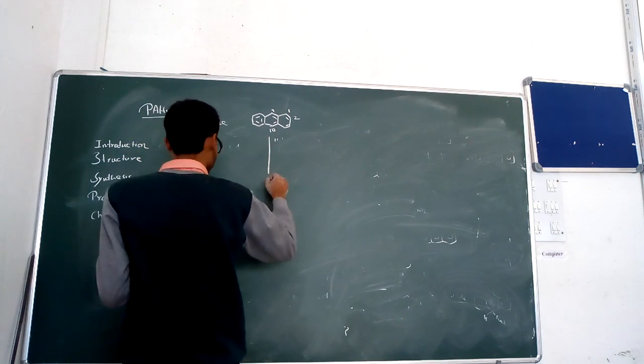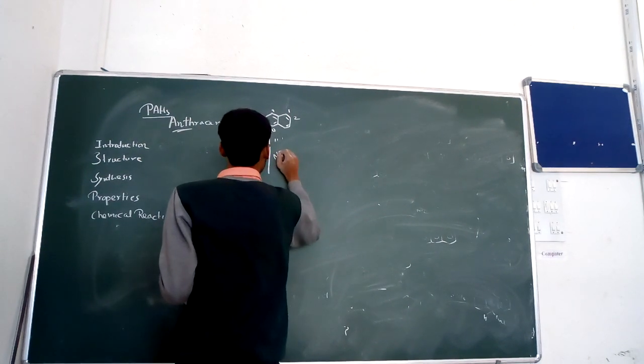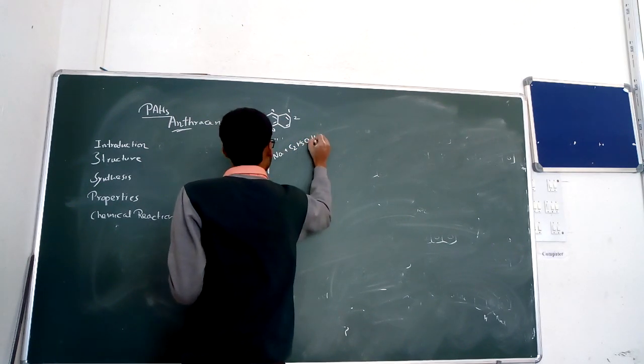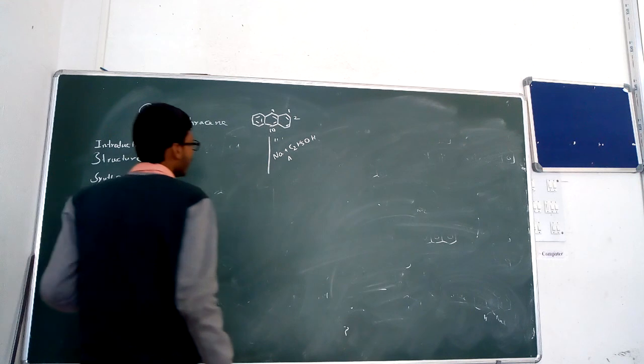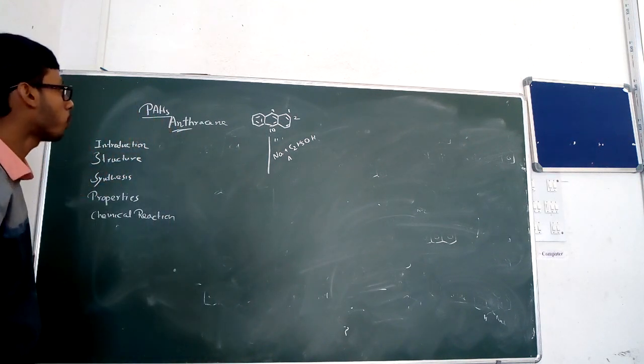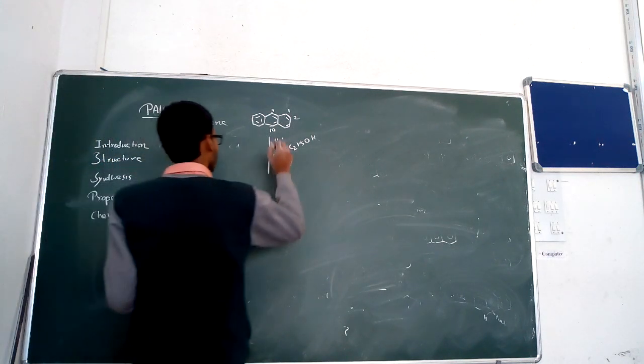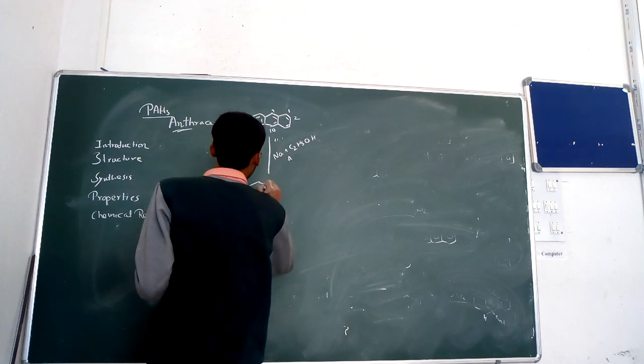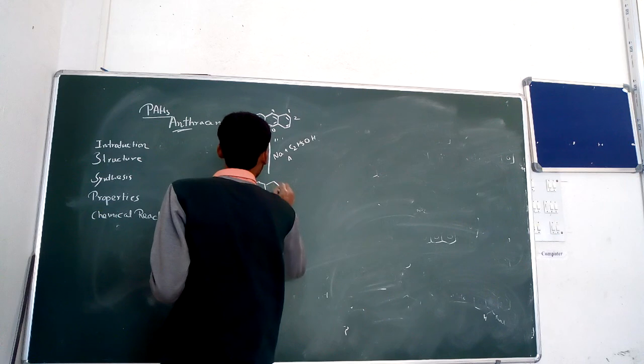When it is reduced in the presence of sodium alcohol, the reducing agent, and heat may be applied, it saturates the middle ring of the anthracene.